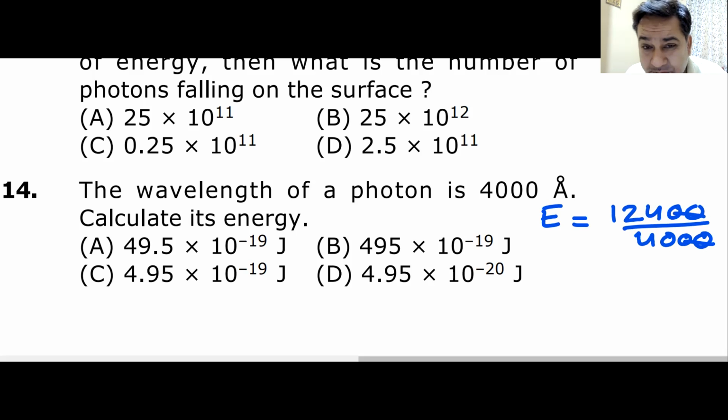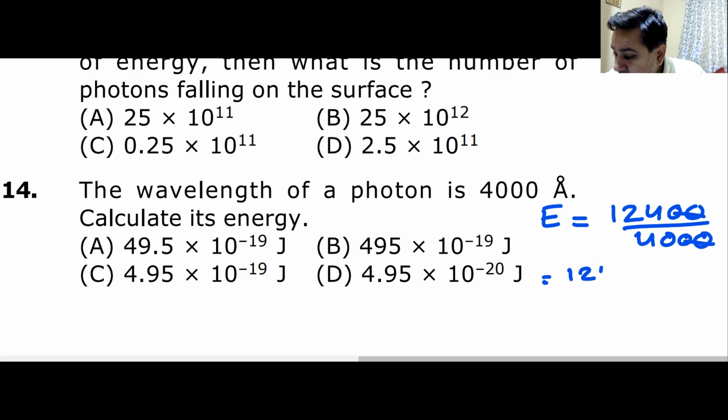But this answer will be in which unit? This answer will be in electron volts. The options are not in electron volts. So what do I do now? I convert electron volts into joules. And how do I convert it?